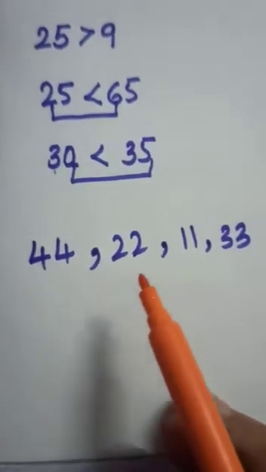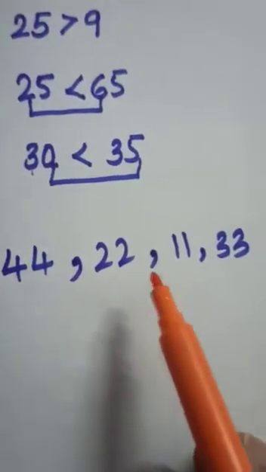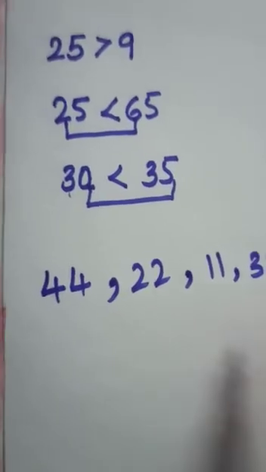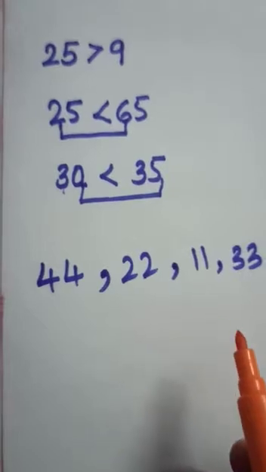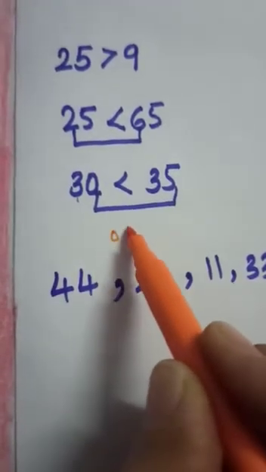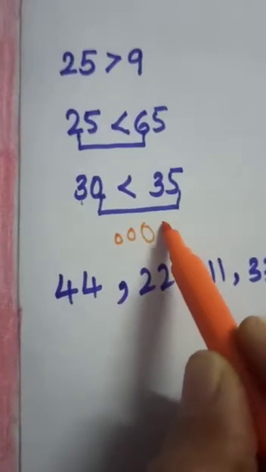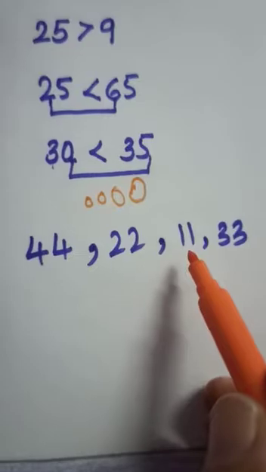Children, here we have the series of some numbers 44, 22, 11 and 33. So we have to arrange them in ascending order. Ascending order is nothing but from smaller to bigger.